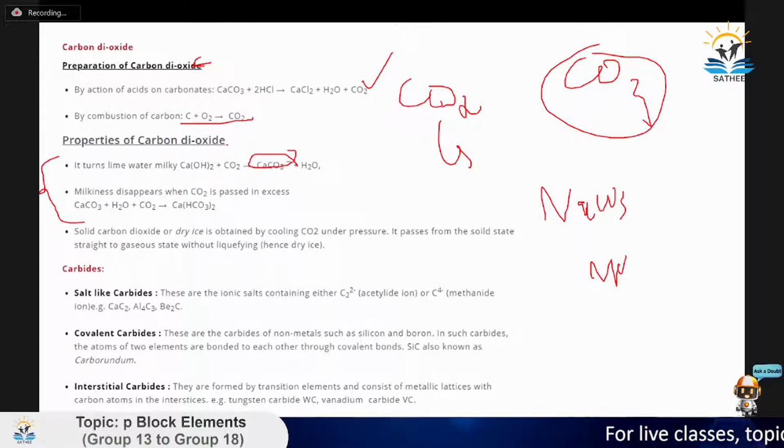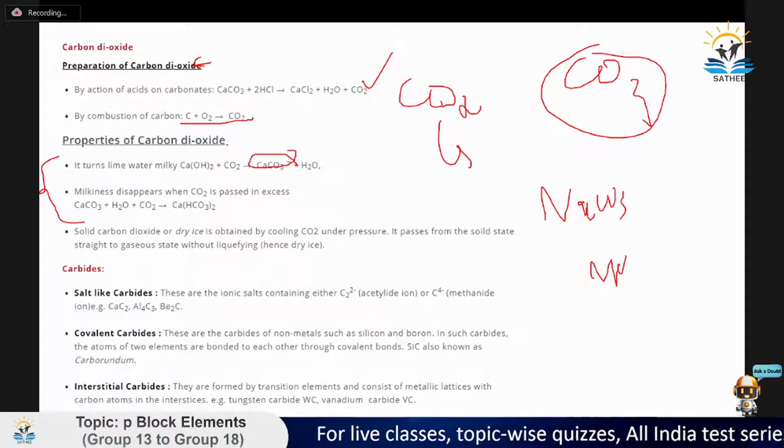When you add excess CO2, more and more CO2, the CaCO3 that is formed turns into Ca(HCO3)2. Now the Ca(HCO3)2 does not have the milkiness that CaCO3 has. So when it's formed, the milkiness disappears, okay?